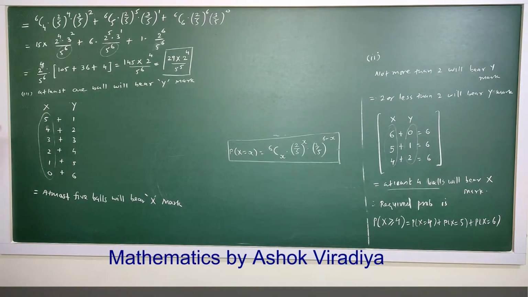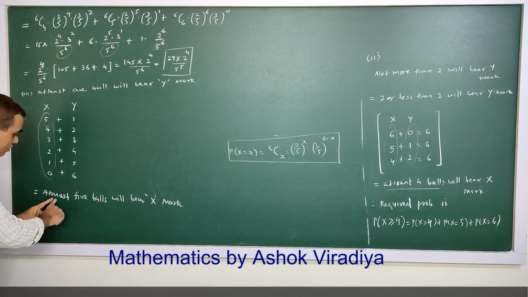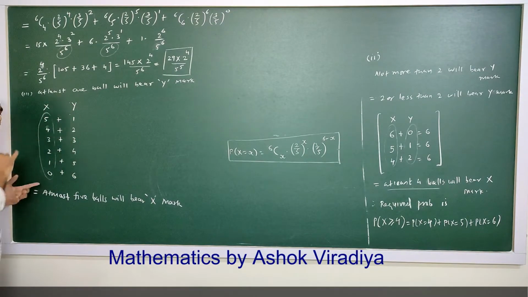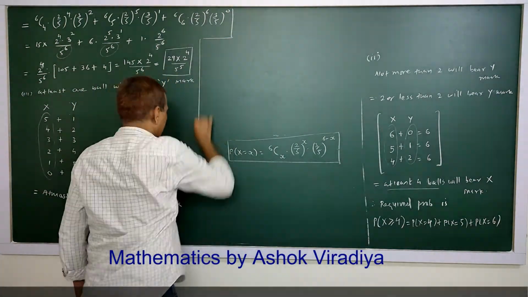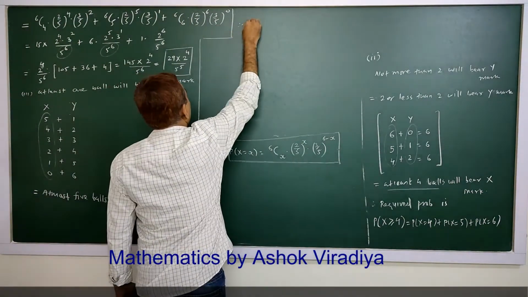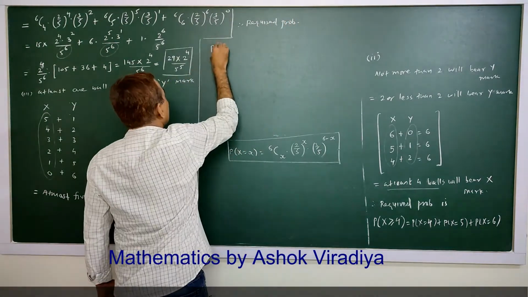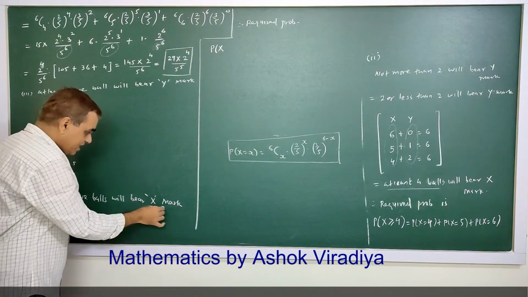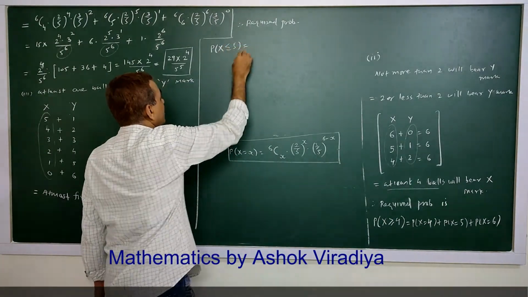So the probability of this event is equal to the probability of this event. So the required probability is, therefore, the probability that the number of successes is at most 5. Success means X mark, so at most 5, so X is less than or equal to 5.